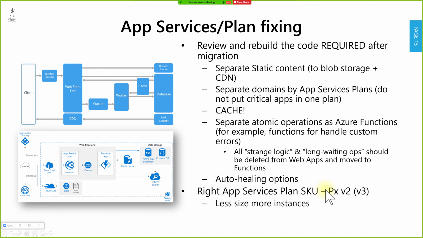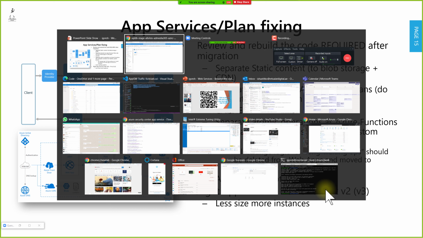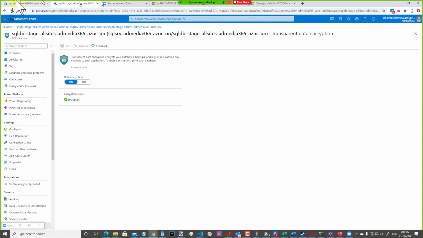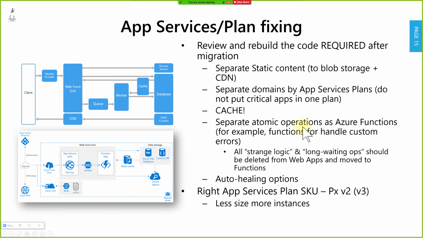I would recommend you to use Premium. If you look at the Premium SKU instead of what we have here now, the Premium SKU has more CPU power than the previous one, and the price is just doubled, but at the same time you double your performance, and you get more modern CPUs, vCores, right?